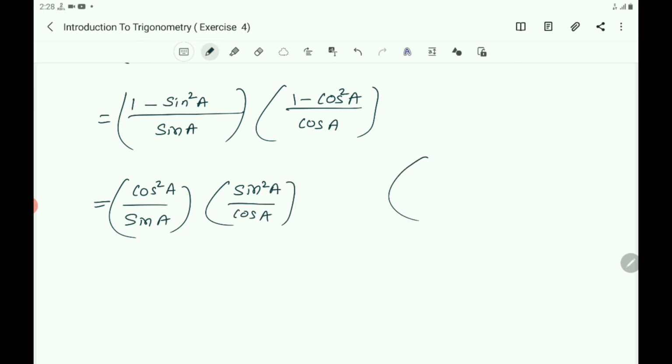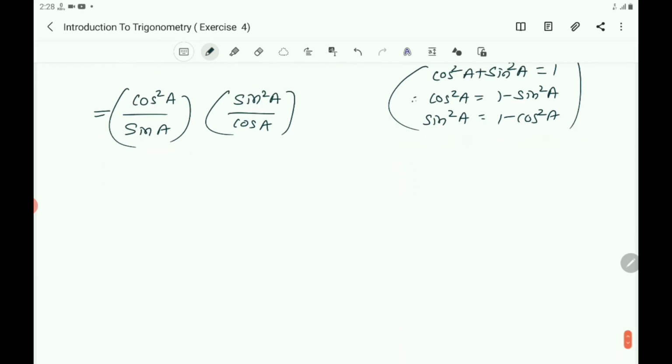Here you write cos square A plus sin square A equals 1. Therefore, here cos square A equals 1 minus sin square A and sin square A equals 1 minus cos square A. Then here cos square A is there.